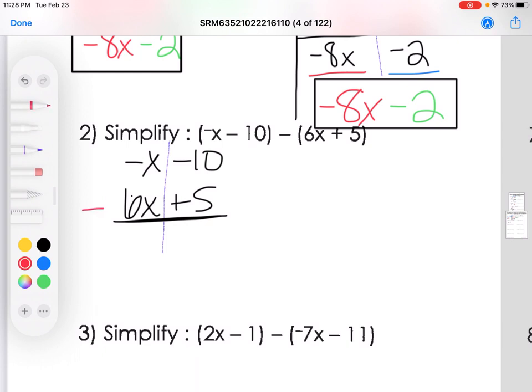Okay, so I have negative 10 minus positive 5, so that would give me negative 15. And then I have negative x minus 6x, which would give me negative 7x. So my simplified answer would be negative 7x minus 15.